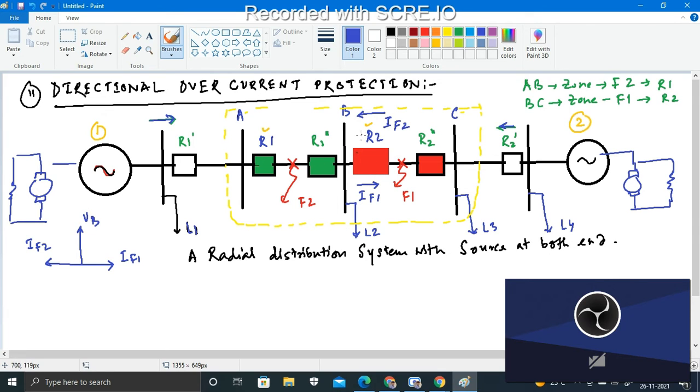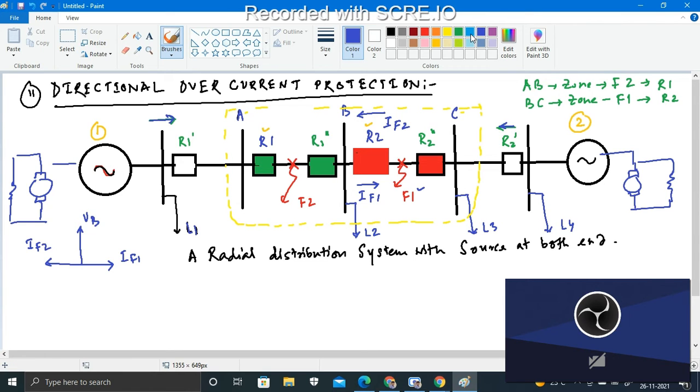In this direction the fault that will appear is F2, and in this direction the fault that will appear is F1. So F1 will appear due to this particular system, and F2 will appear due to this particular source.